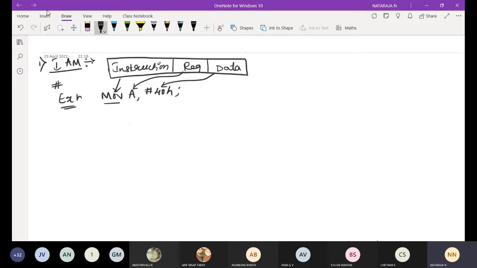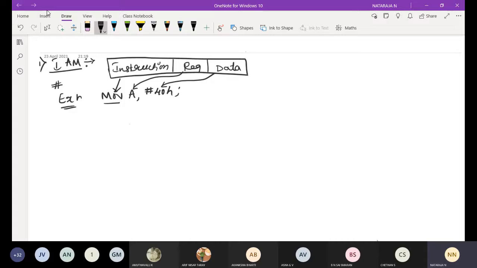What is the meaning of hash? This is the pound or hash, meaning immediate data. Immediately the number 40 will be transferred to the accumulator. Immediate addressing mode means we directly move this 40 to the accumulator. That is the meaning of immediate addressing mode.